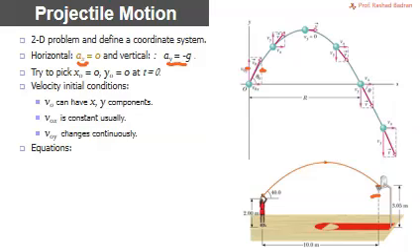So if theta and V naught are given at the beginning, you have to find V naught x and V naught y at the start. As we said before, V naught x is going to be constant all the way.